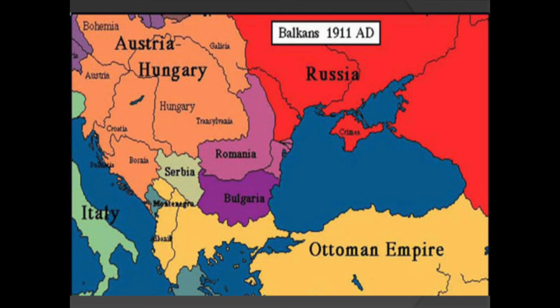Now, the area right below Austria-Hungary on this map is the area that we would call the Balkans. Bosnia, Serbia, Montenegro, and Macedonia would all be areas that we refer to today as the Balkans. Now, this is a very ethnically diverse region of the world, and because of this, there has been a lot of conflict.